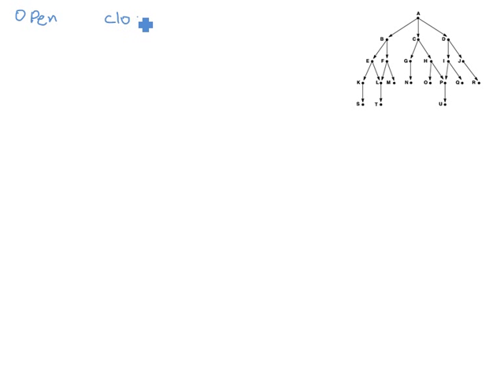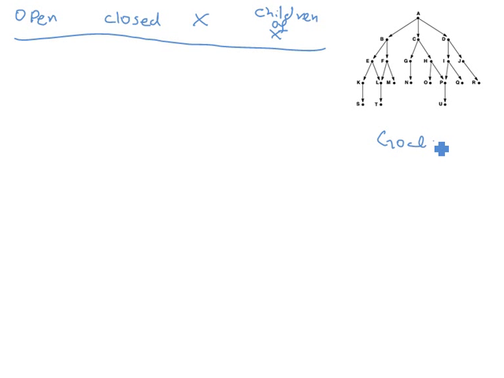Closed, X, and we will have another one which is children of X. Okay, I think that will do. Let's specify our goal node as F. So if we traverse this algorithm and we find F, then it means we have found our desired node.